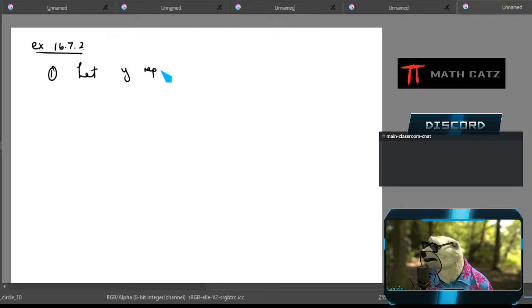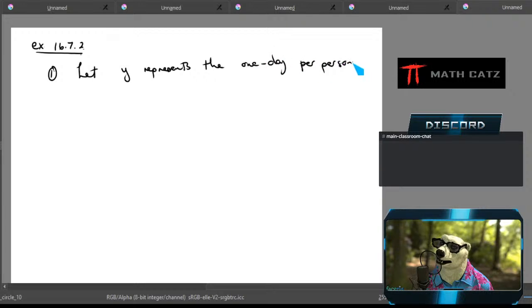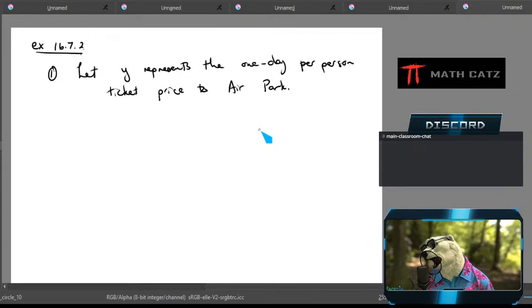Y represents the 1-day per person ticket price to Air Park. Take the extra few seconds and be very clear in what your variable represents.